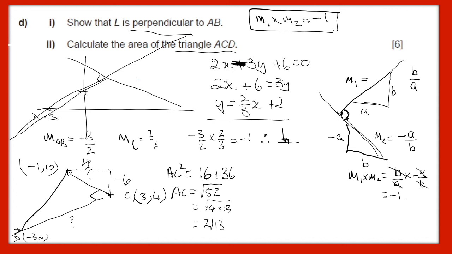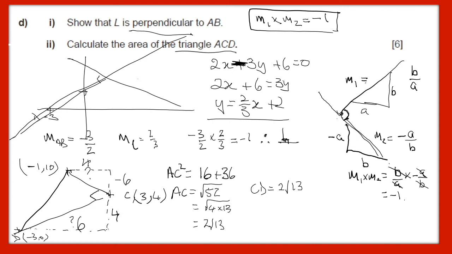If I then look at my other triangle, and this really is not to scale, which is fine. It's just as well, isn't it? Okay, this side here is 6. This side here is 4, because I'm going from 4 down to 0. And it's going to be obviously the same length. So I've got that CD is also 2 root 13.